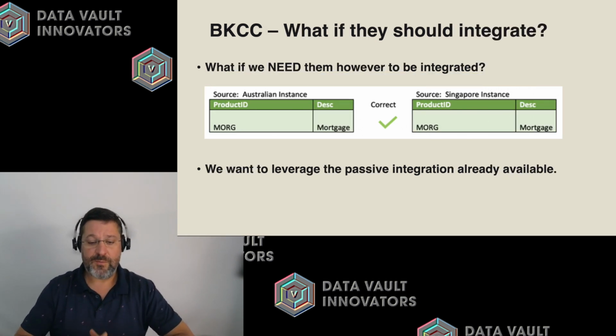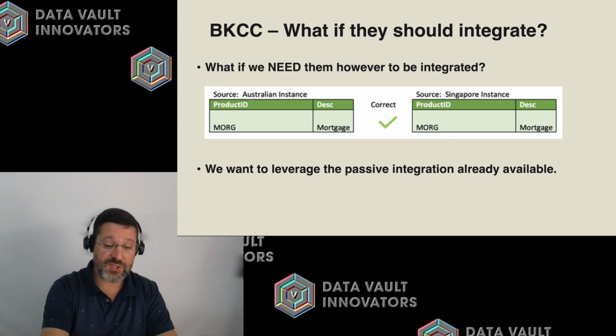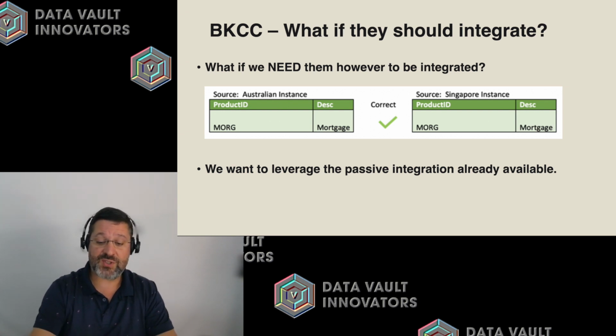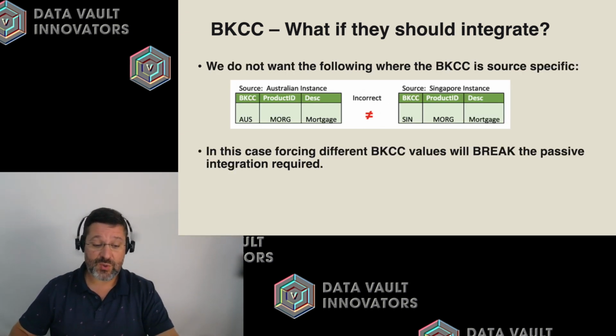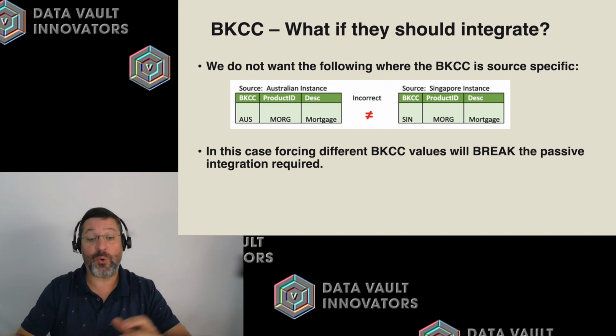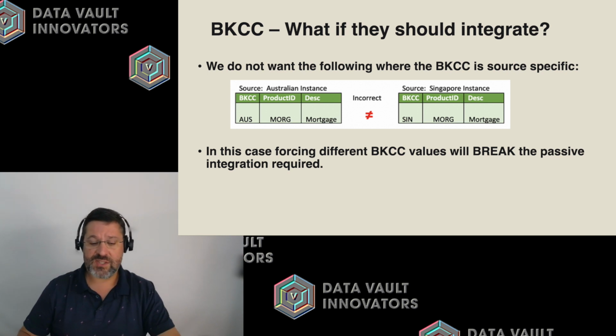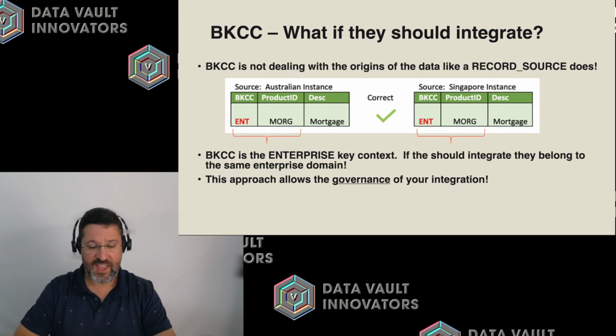Now, what if they are supposed to integrate? In this case, we have two instances. Our Singaporean and Australian instances are using the same business key value, and we want them to integrate. We just make sure that we don't specialize the business key collision code, because that will clearly break our integration. And so to make sure that it remains consistent, you give it the same business key collision code value.